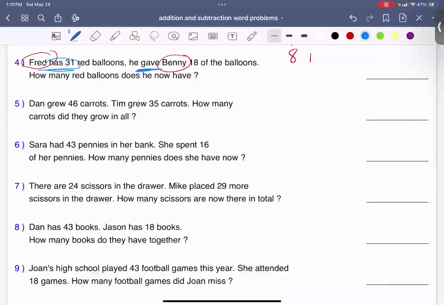So I'm going to be doing subtraction because it says he gave Benny 18. How many balloons does he now have? So 31 minus 18 gives me 13.